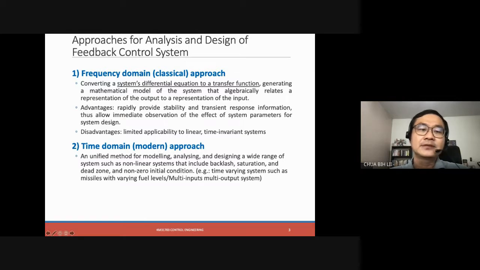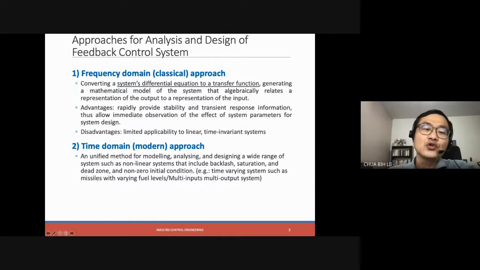Mainly, the classical approach relies on the frequency domain, whereas the modern approach uses the time domain immediately. So here we again use the classical methods as the basic concept of all this control engineering analysis and design later on, where most of the time we convert all these differential equations into transfer functions.